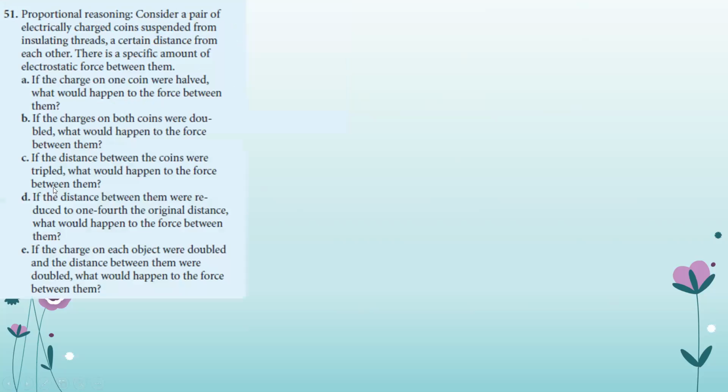Here now, proportional reasoning. Consider a pair of electrically charged coins suspended from insulating threads a certain distance from each other. There is a specific amount of electrostatic force between them. If the charge of one coin were halved, what would happen to the force between them?